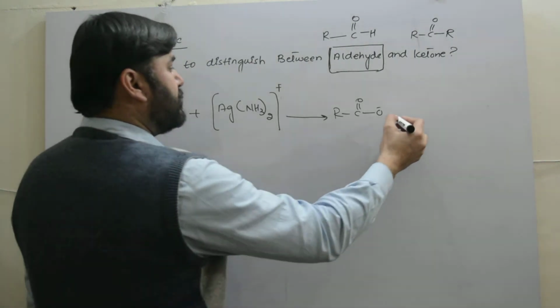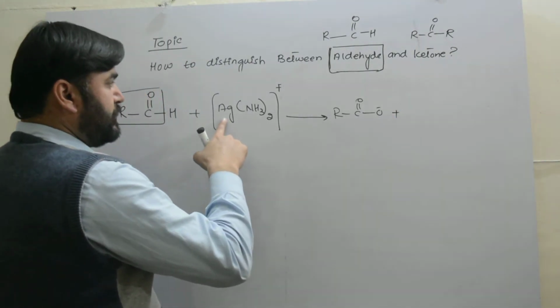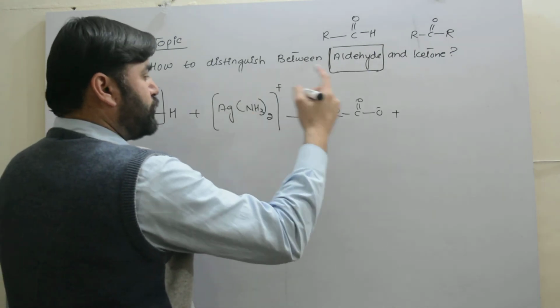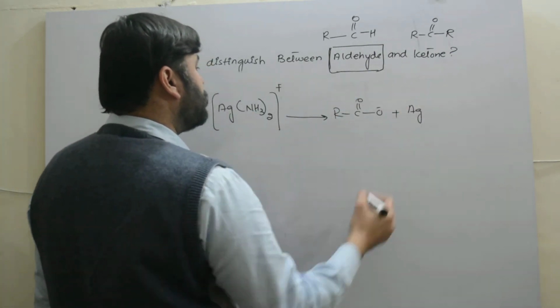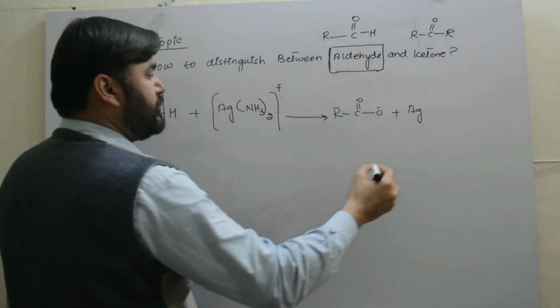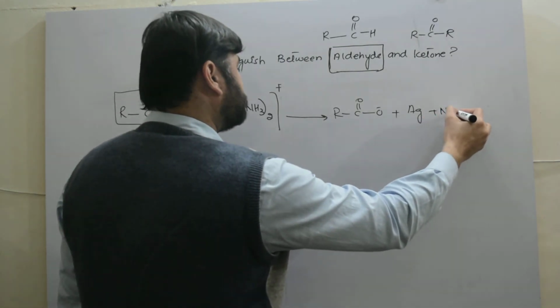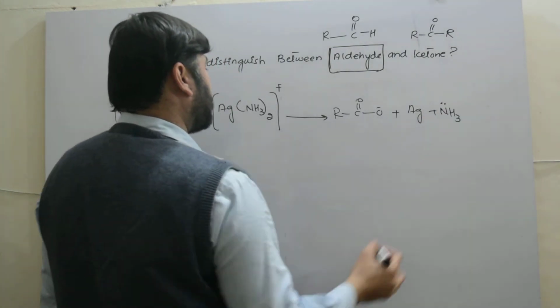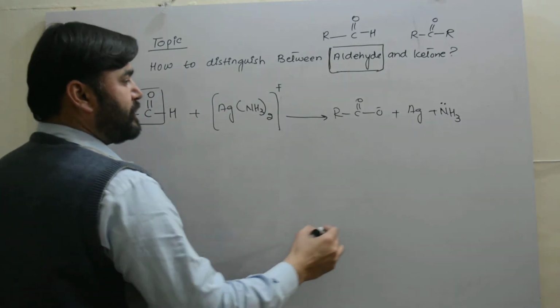Ag goes from +1 to 0, so it is reduced. Ammonia will be removed and water will be formed.